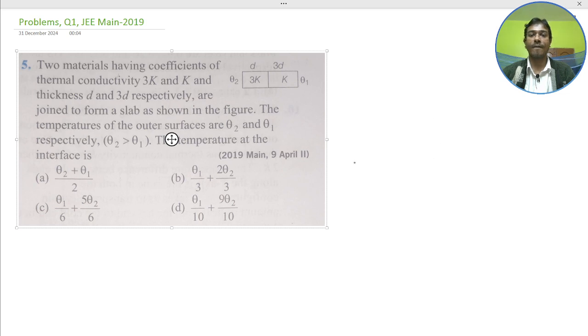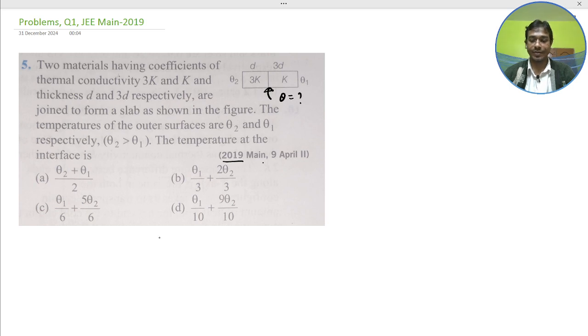So the first problem, coming in JEE Main 2019: two materials having coefficients of thermal conductivity 3K and K, of thickness D and 3D in this form. You have to find the temperature at the interface. Let us say this temperature is theta.